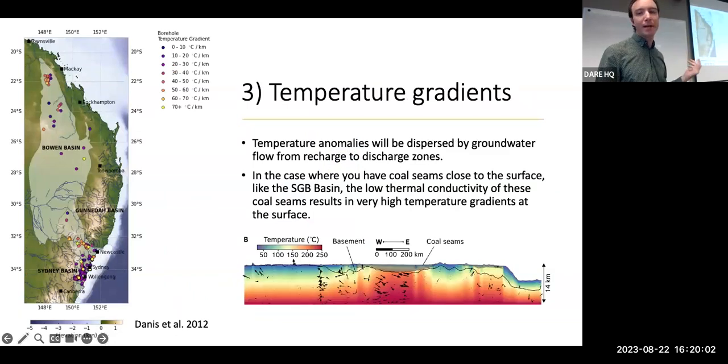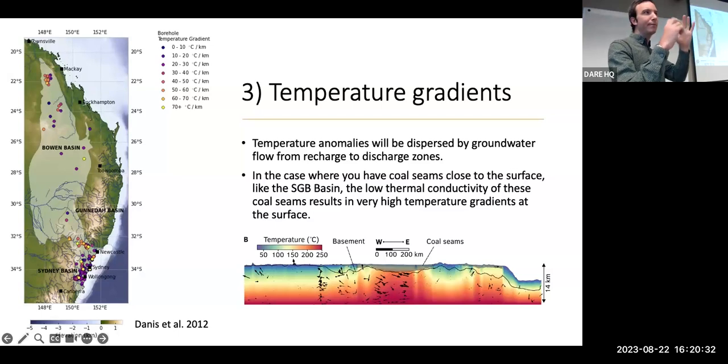We also have temperature gradients. Temperature anomalies will be dispersed by groundwater flow from recharge to discharge. In the case of the Sydney Gunnedah Bowen Basin, there are quite a lot of low conductivity coal seams scattered throughout. If you have a low conductivity layer, that bunches up the temperature gradients within that layer, and you get very shallow sources of high heat.